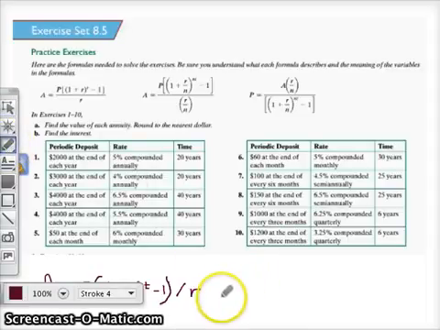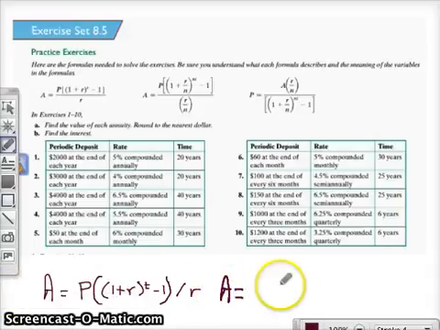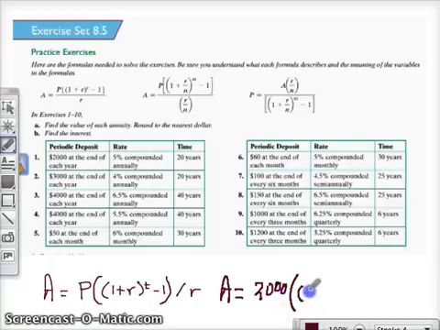We're trying to find A, correct? P is the periodic deposit, that's 2,000. I'm going to do a big parenthesis here. It's going to be 1 plus 0.05. Now, how many years? That's 20 years.